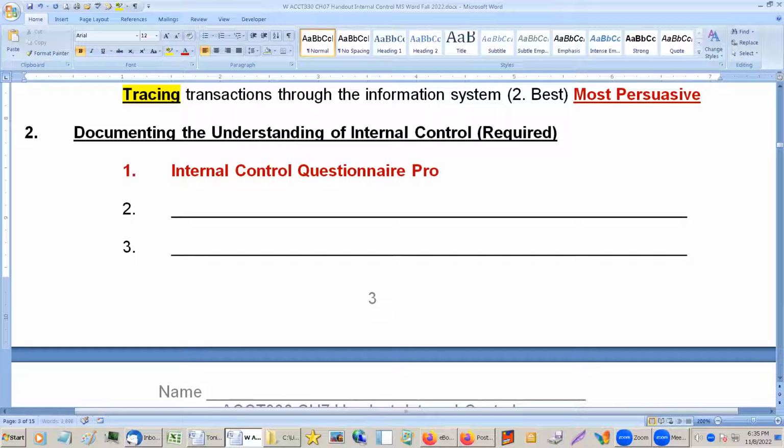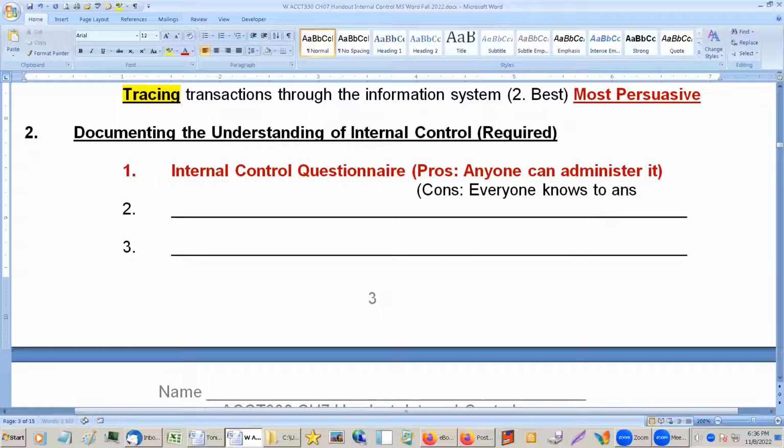The pros: anyone can administer it. Cons: everyone knows to answer yes.